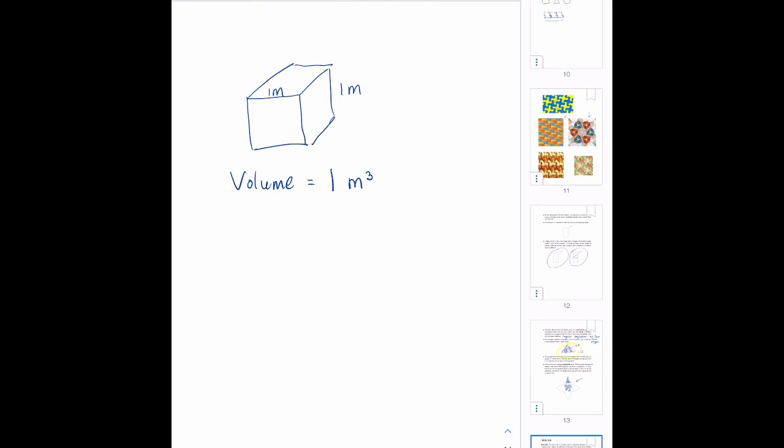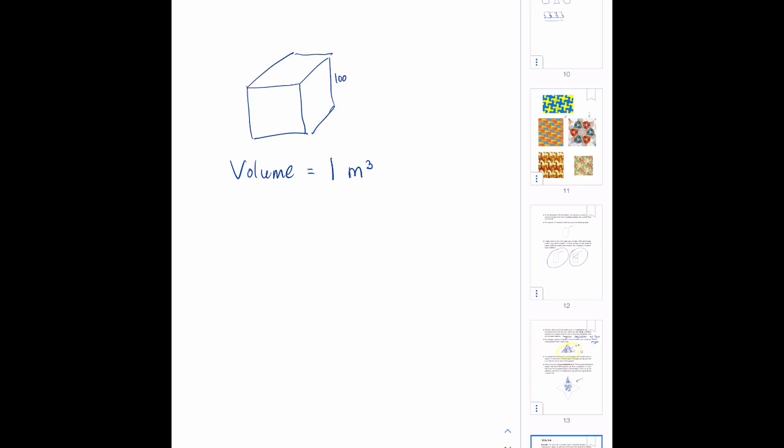What if I wanted that volume in centimeters? And actually, there's a reason why centimeters are often really nice. We'll talk about that in a minute. Well, this same cube, if I labeled it in centimeters, this would be 100 centimeters, 100 centimeters, and 100 centimeters in all 3 different dimensions.